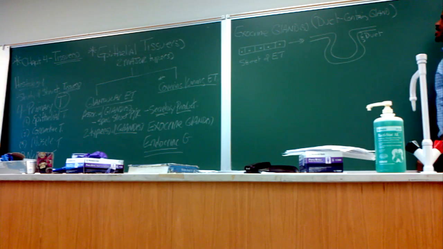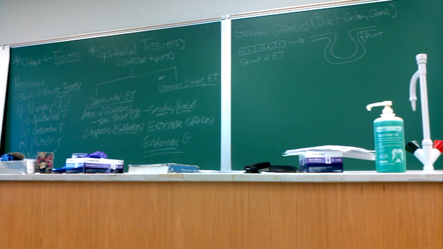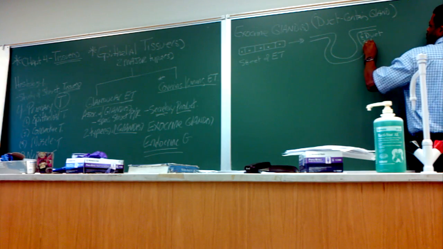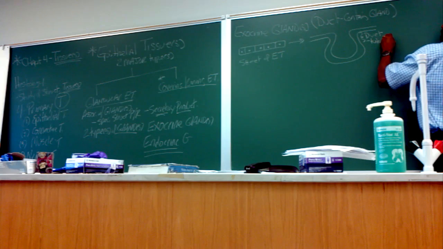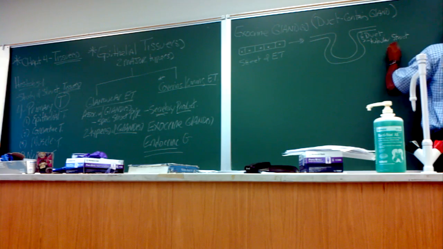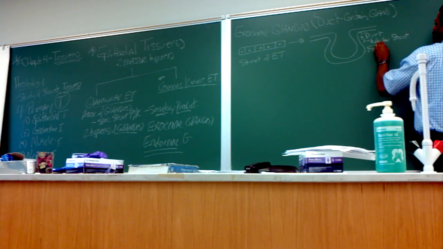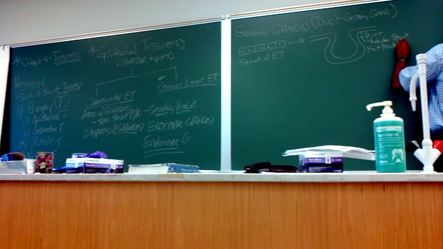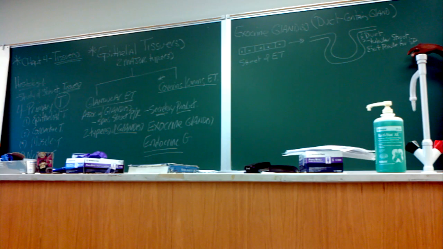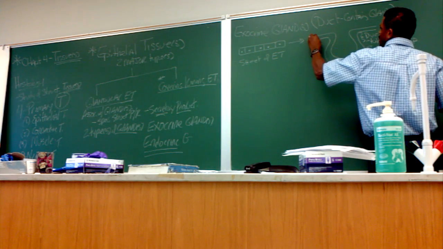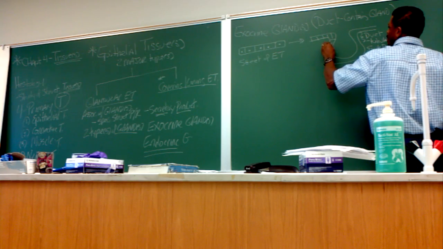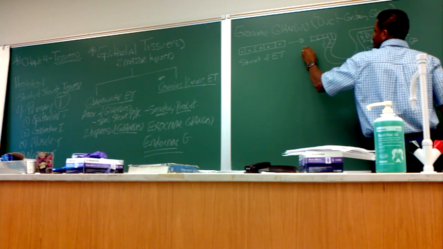And by definition, we describe a duct, D-U-C-T, as a tubular-like structure that provides an exit route for the what? Secretory product to be released onto the what? Surfaces of the body. So our exocrine glands are duct-containing glands. A duct is a tubular structure, and it will provide an exit route for the secretory product. As we look at these cells, these will be the duct cells.